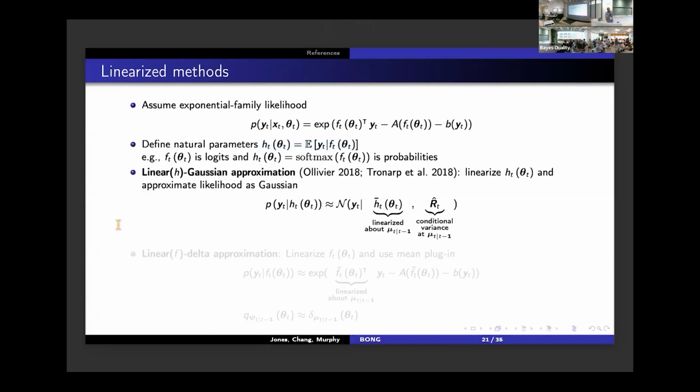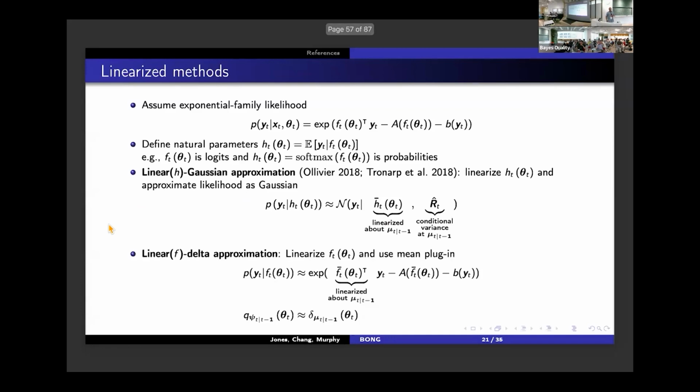So we can do a couple of different things. We can linearize the network in terms of h, in terms of the probabilities. So we linearize h, and then we approximate the likelihood as a Gaussian, where h bar is the mean, and then we just take the conditional variance at the prior mean of theta for the variance. So we define a linear Gaussian model that's based at the prior mean for theta.